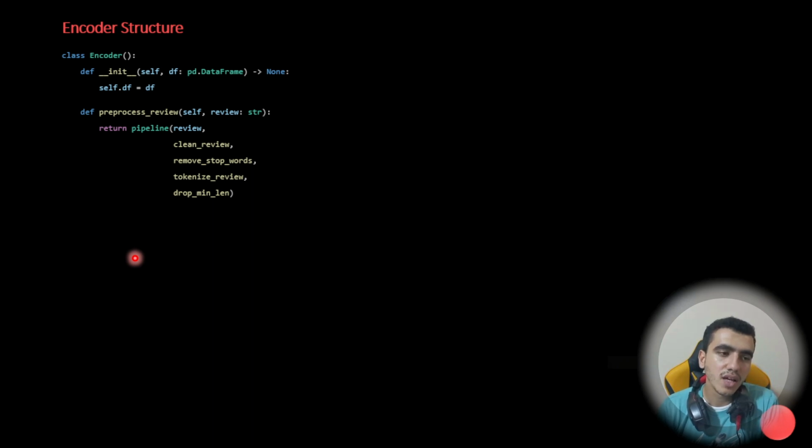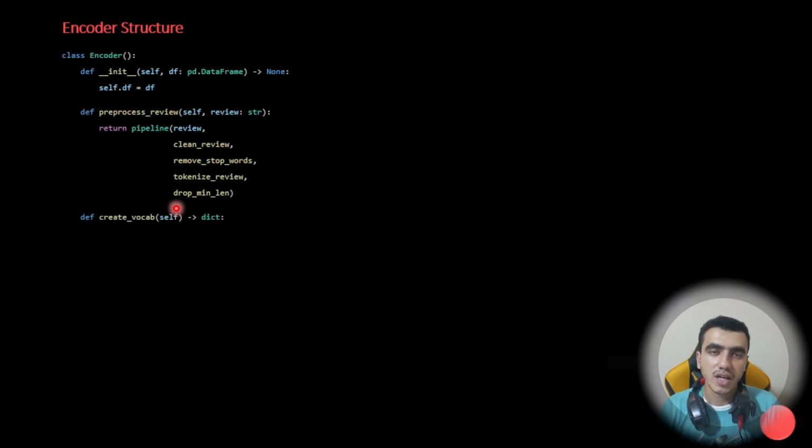Like if you hear something like "oh my god", it can be interpreted as positive or negative. So you don't know, you need more data to understand what the review is about. In that way we are building this method which drops the minimum length. Any review with tokens less than a certain length, we can drop it because the model will not be producing a correct answer for it.